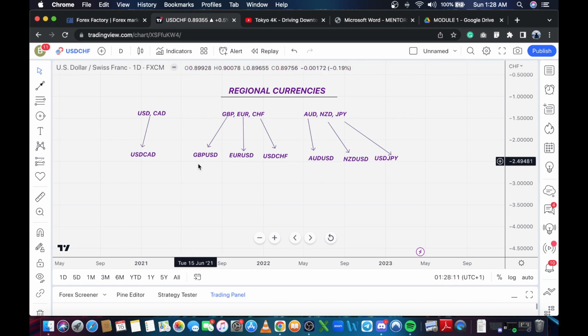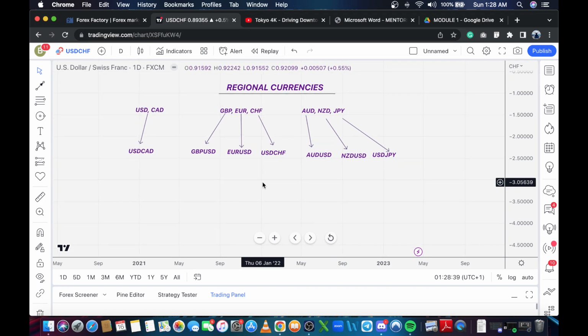Meaning, if pound US dollar is going higher, then we expect euro dollar to go higher, we expect Aussie dollar to go higher, we expect New Zealand dollar to go higher, because the code pair, which is common to all of them, is US dollar. And then we expect USD/CHF, USD/JPY, and USD/CAD to trade lower, because that code pair, which is dollar for the other four, now becomes the base currency. So this is how the correlation works.